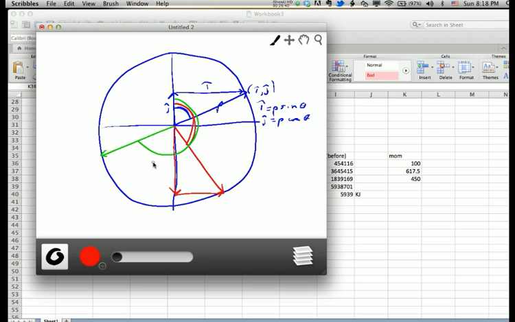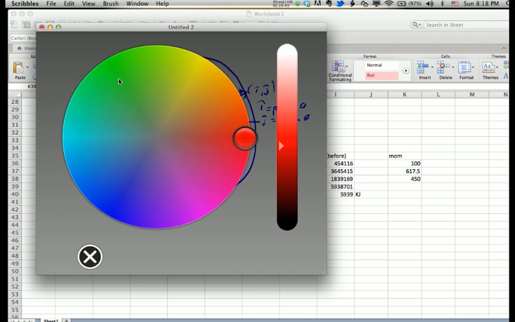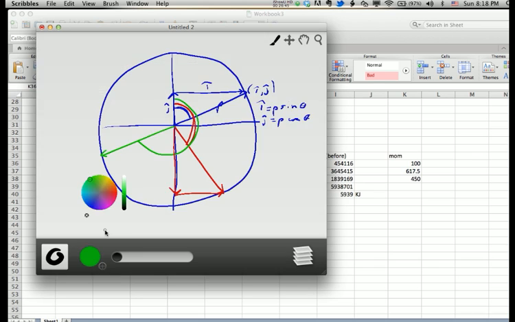Take the sine of this green one right here. If I take the sine of this big angle here, times the momentum, then I'm going to get this I hat, which will be negative, and this J hat, which comes down here like this, is also negative. Doesn't matter which way you draw it.